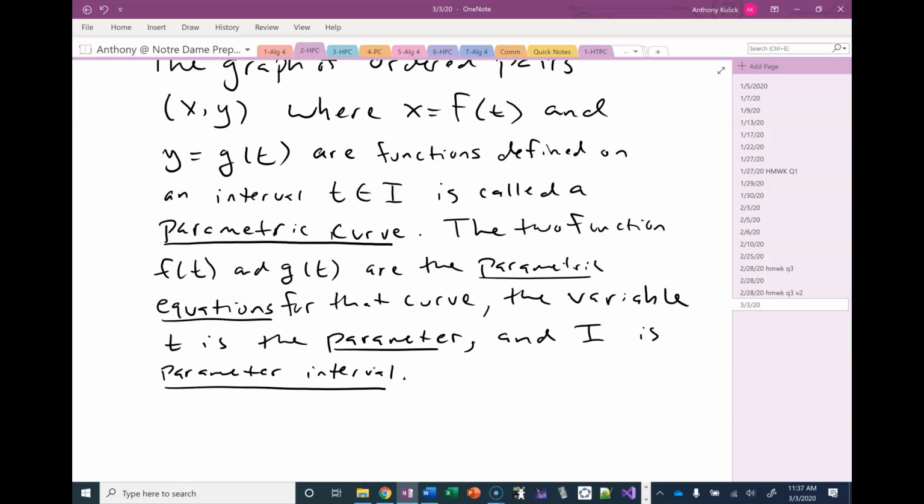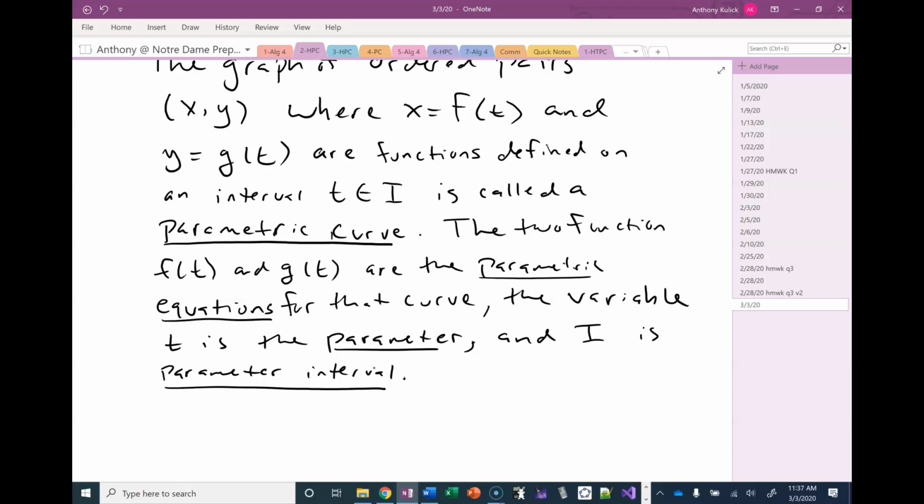So you might ask, what was wrong with the way we were representing things before, like y equals x squared or whatever? Why are we adding in this new way of graphing things or representing functions?